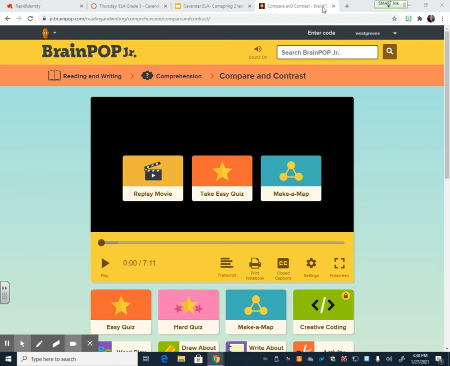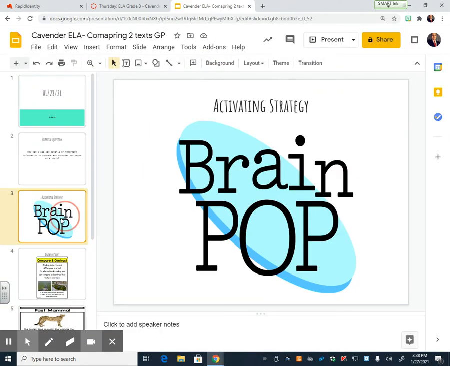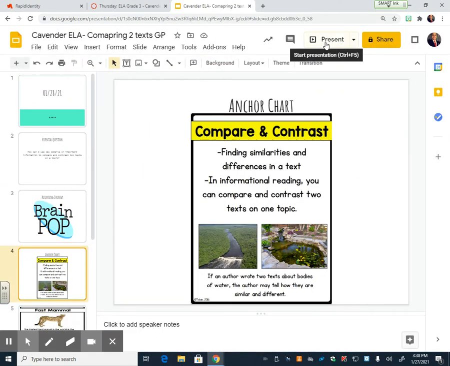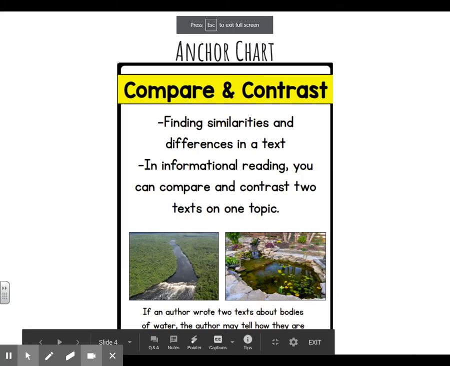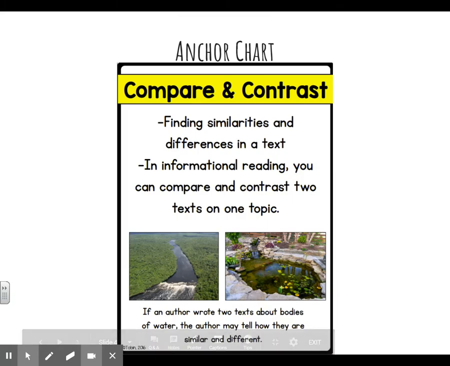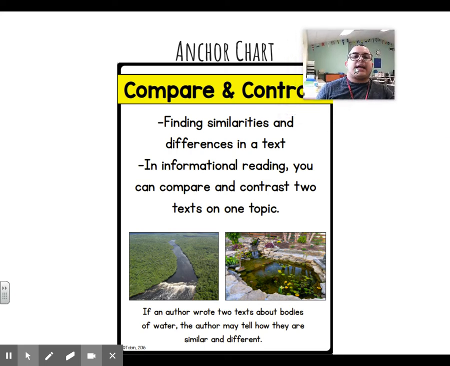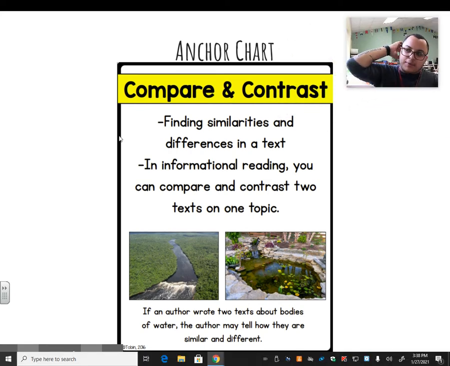So today, like I said, we are going to be comparing and contrasting two texts on a topic. Like they said in the BrainPop video, comparing and contrasting is where you find similarities and differences in a text.